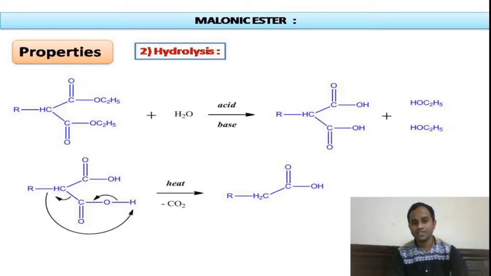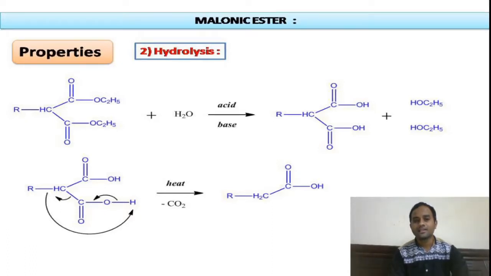In the first reaction, the monoalkyl malonic ester undergoes hydrolysis in acid medium to give ethanol as the side product. It may be noted here that always during the hydrolysis, ethanol is the side product.